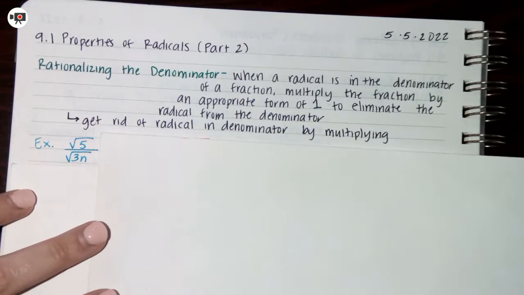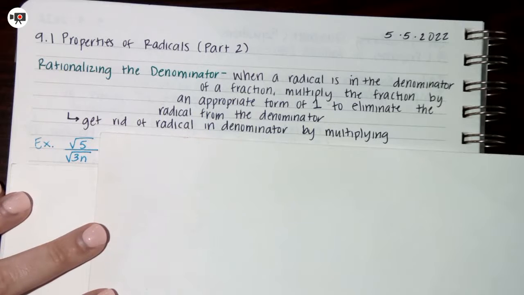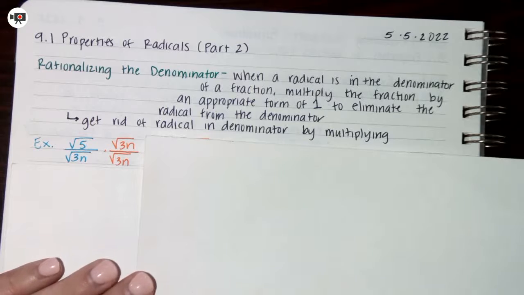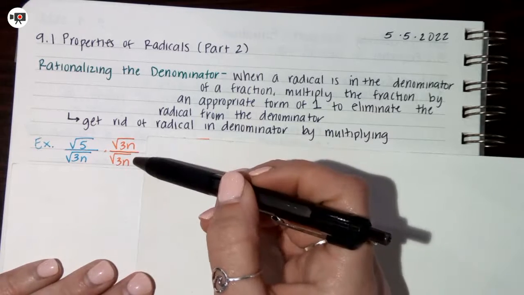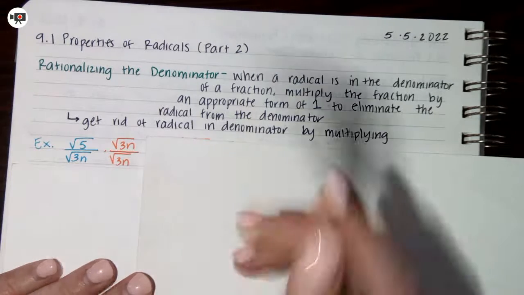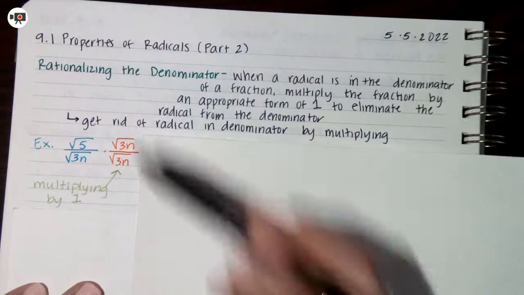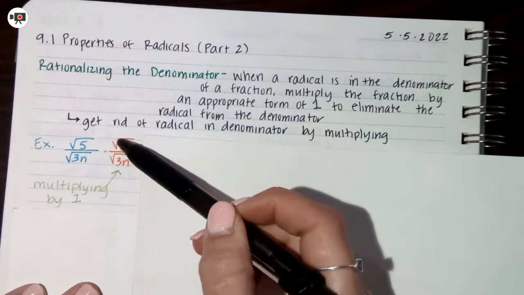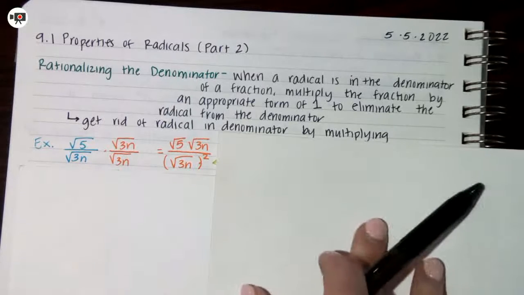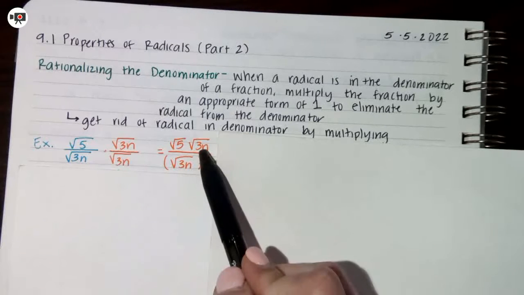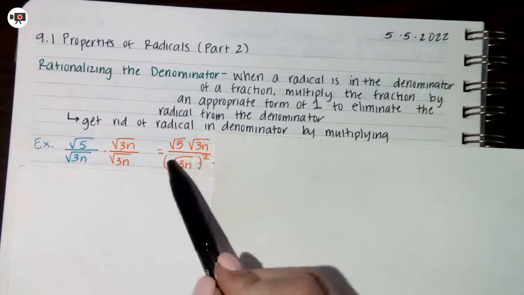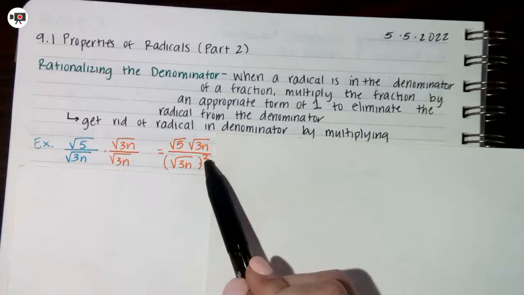So for the square root of 5 over the square root of 3n, we're going to multiply top and bottom by the square root of 3n. This is a fancy form of 1 because when the numerator and denominator are the same, this equals 1. Now we have the square root of 5 times the square root of 3n over the square root of 3n times the square root of 3n, which is the square root of 3n squared.